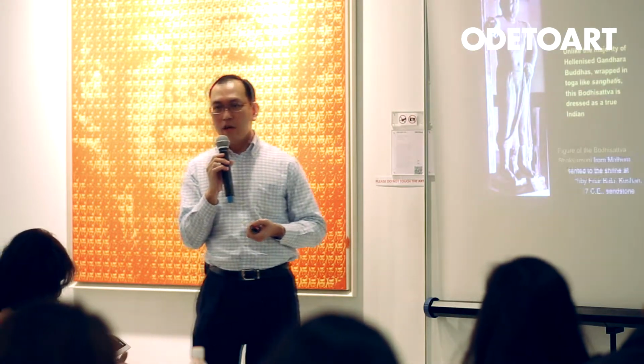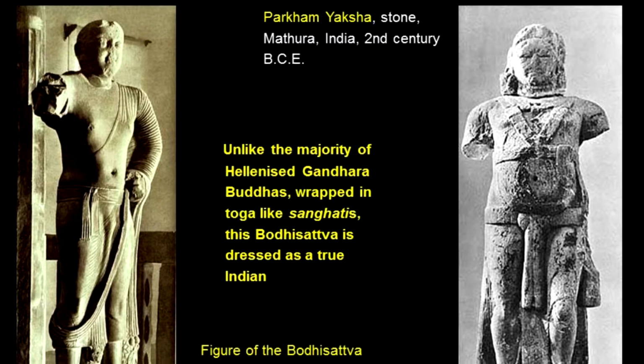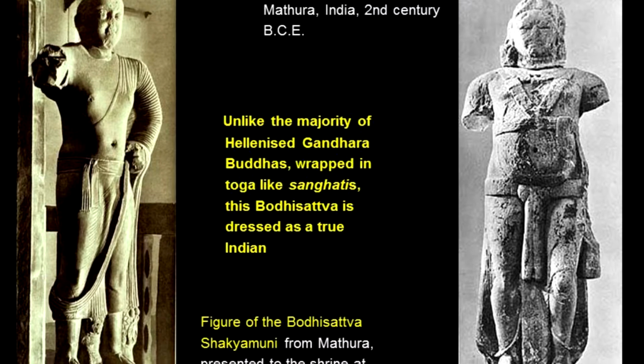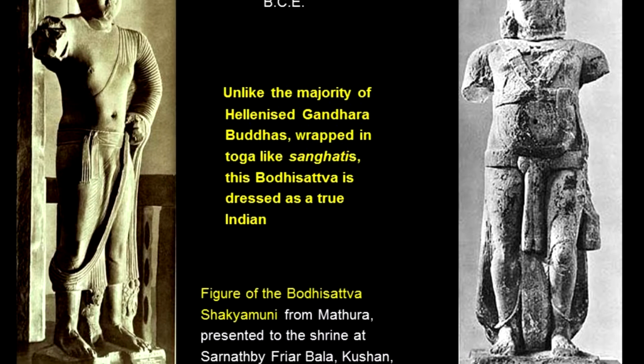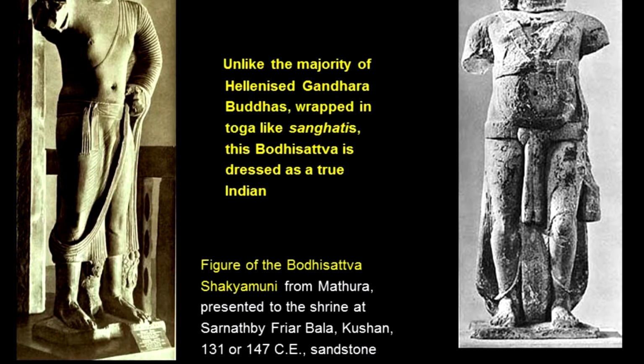Then here you have the other style, which is the Mathuran style. On the right, firstly, you'll see an image of the Yaksha. Yakshas, as I mentioned, are pre-Buddhist figures, earth or fertility spirits. And Yakshas, as you can see, have a very simplified form, with a massive, broad body.